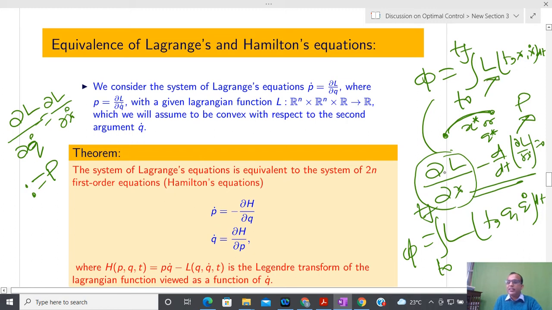So obviously the Euler-Lagrange formulation should be satisfied. It means that ∂L/∂x = d/dt (∂L/∂ẋ), and due to that reason ṗ = ∂L/∂x, or ∂L/∂q.